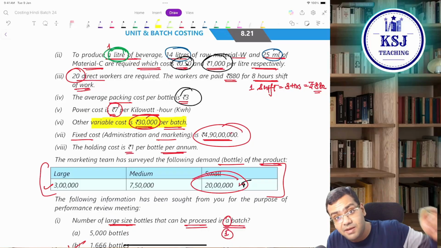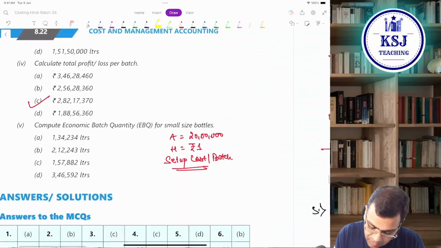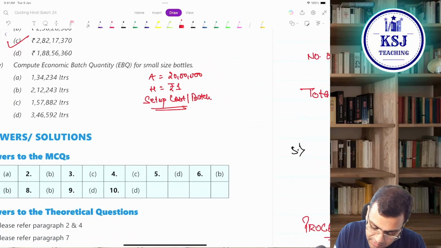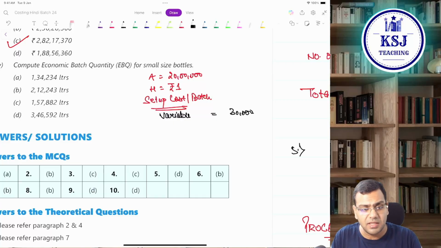For every batch you have to incur a cost of 30,000 rupees. So one will be this variable cost of 30,000 per batch. Any other cost do you think you have to incur to get the batch ready?